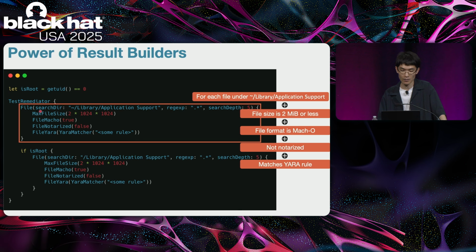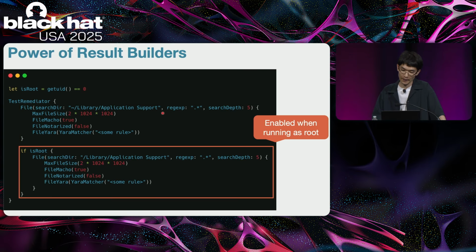The target file must be under library application support directory. File size must be 2 megabytes or smaller. File format must be Mach-O, must not be notarized, and it must match the specific YARA rule. When the scanner is running as root, an additional directory is also scanned. It's concise, readable, and easy to maintain, right?